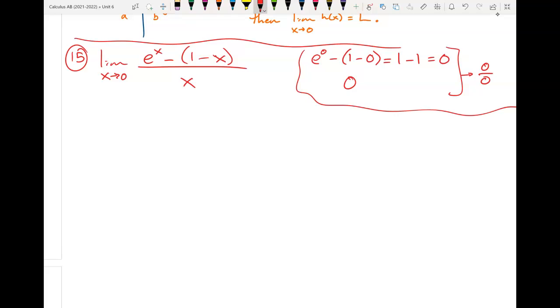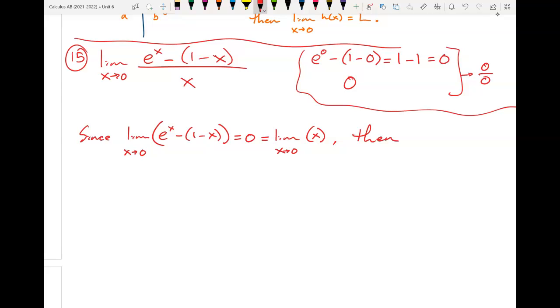So I want to say, okay, since the limit as x goes to 0 of e to the x minus 1 minus x equals 0, which equals the limit as x goes to 0 of x, then we can go ahead and do L'Hopital's rule.